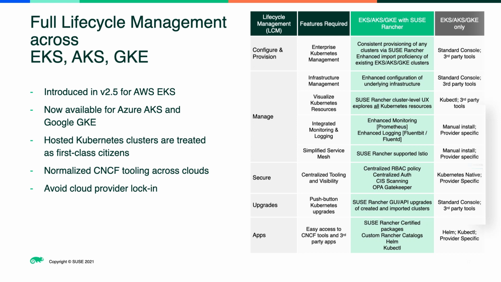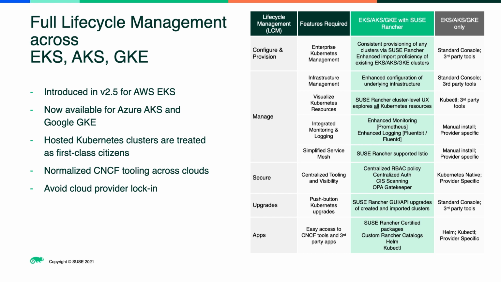SUSE Rancher also serves as a single point for you to modify, upgrade, and back up clusters. You can manage the complete lifecycle of your clusters in a consistent way because SUSE Rancher can abstract the differences between providers. This capability is very powerful for organizations with hybrid IT or a multiple cloud provider strategy, because you don't have to integrate every single provider.